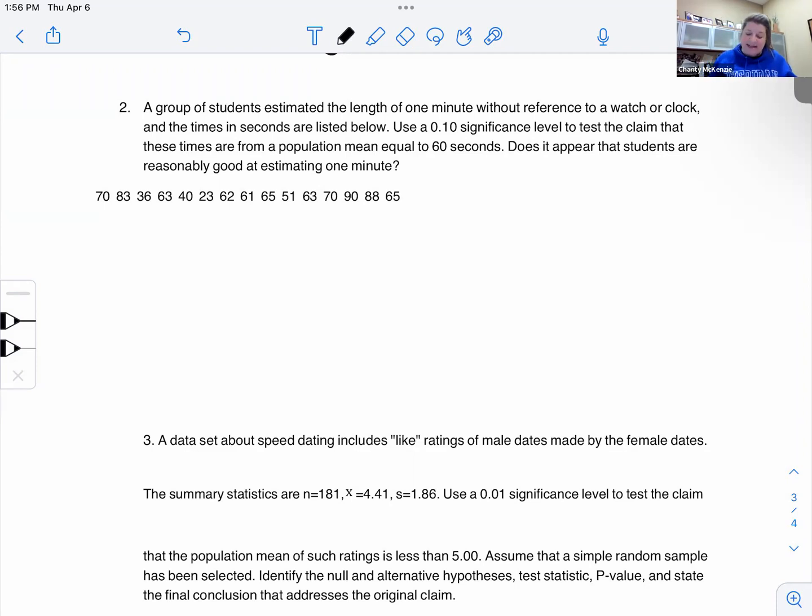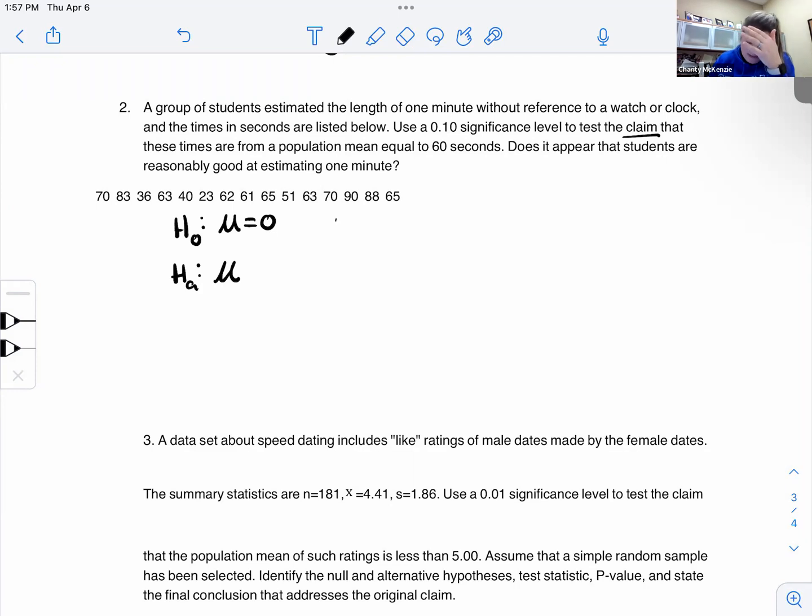All right, so let's set up our null and our alternative. Our null is always going to be equal. Better use your symbol for mean. Then it says for our claim, use this level to test the claim that these times are from a population mean equal to 60.